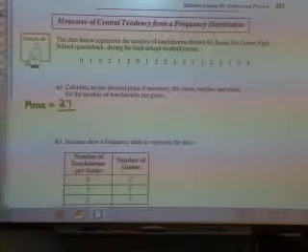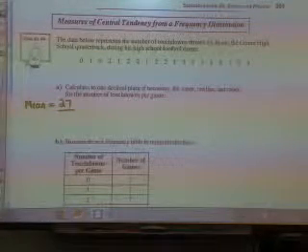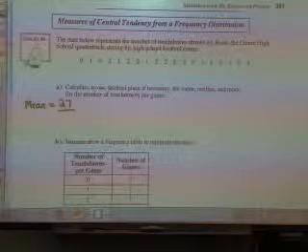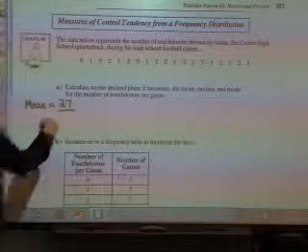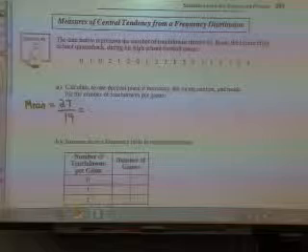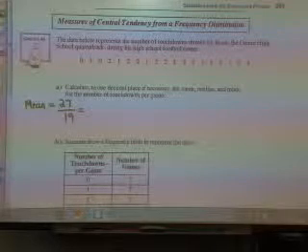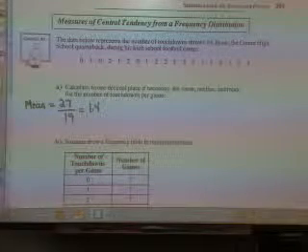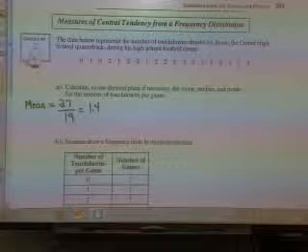How many games did he play? 1, 2, 3, 4, 5, 6, 7, 8, 9, 10, 11, 12, 13, 14, 15, 16, 17, 18, 19. So what's 27 divided by 19? 1.4. So to 1 decimal place, 1.4 touchdowns per game.